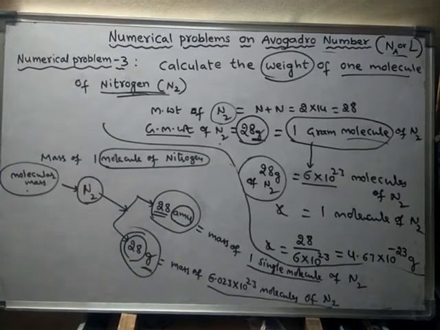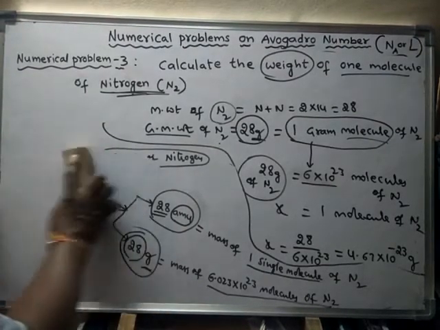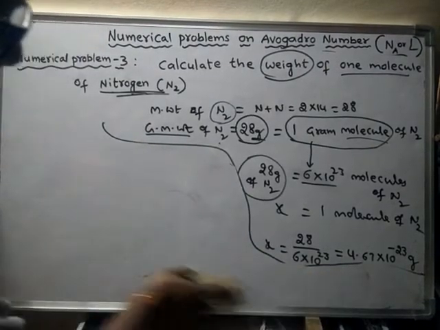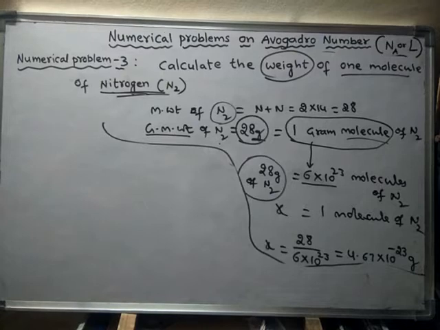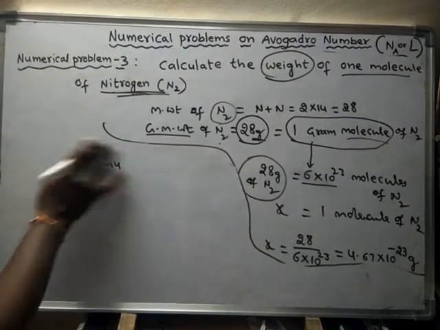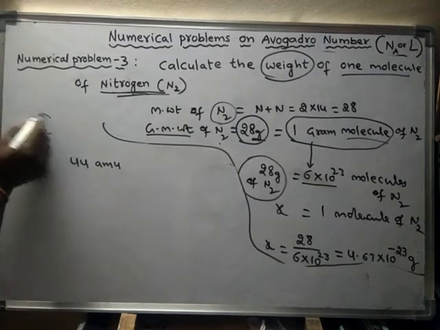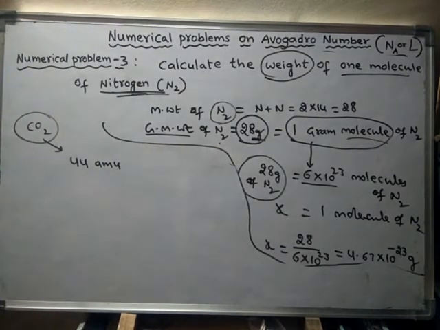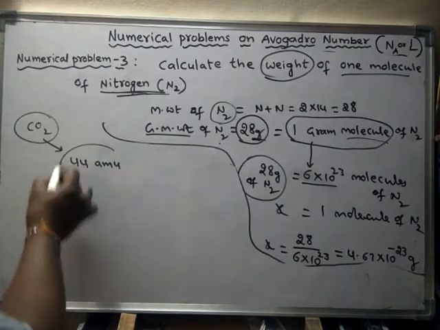Remember. So from this, can you tell the mass? If I write something, for example, 44 AMU, regarding carbon dioxide, so I wrote the mass of carbon dioxide is 44 AMU. So what does it indicate?